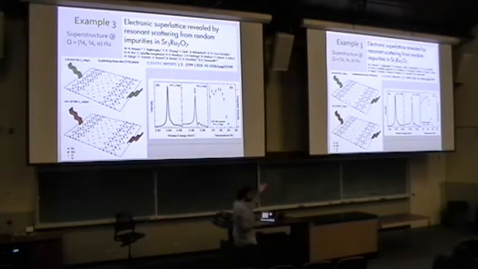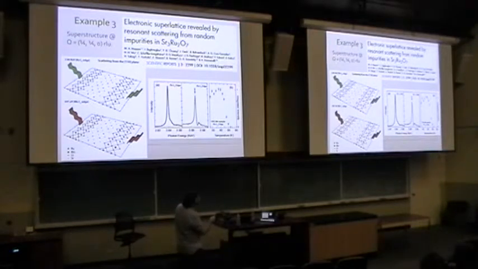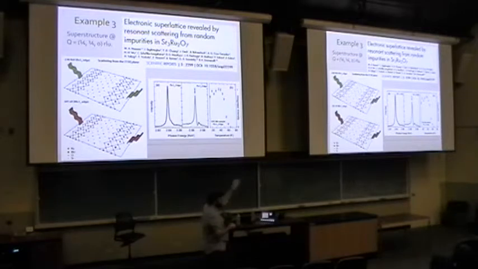In this case here, there's a non-structural distortion that happens around 60 Kelvin. Okay? And as you go below 60 Kelvin, this peak here, H equals 1/4, K equals 1/4, L equals 0, appears.